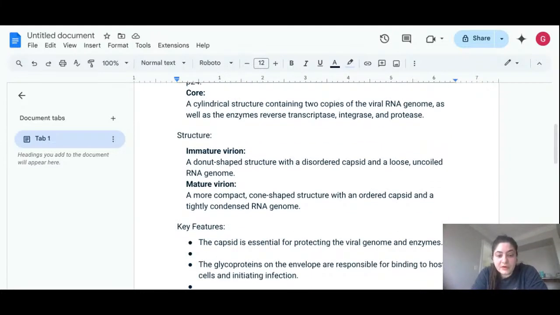Immature and donut-shaped structure with a disordered capsid. More compact cone-shaped structure with an ordered capsid and a tightly condensed RNA genome.